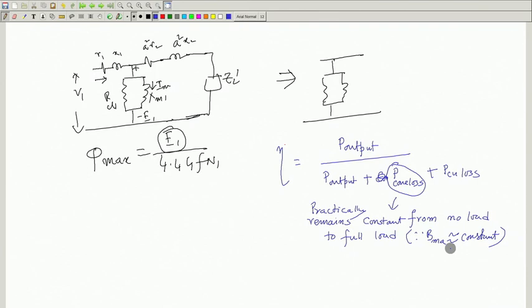One is a fixed loss. P core loss is almost fixed. We will not break our heads over a little change in P core loss from no load to full load, no point in doing that, because only a little change will take place. So, this loss is called the fixed or constant loss.